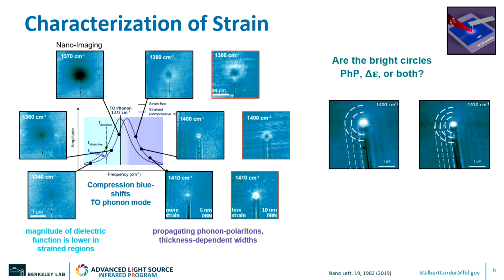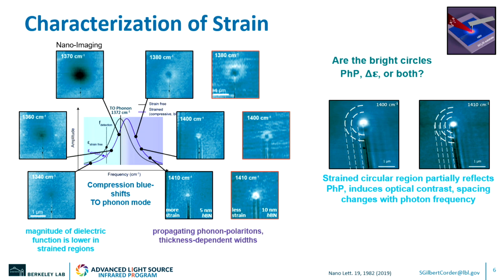These white lines are essentially guides to the eye, but over here, it's almost invisible on this projector. But there are standing waves that are present, and we can see that as we change frequency, they also change width, as we'd expect with phonon polaritons, and these bright regions also change width as well.